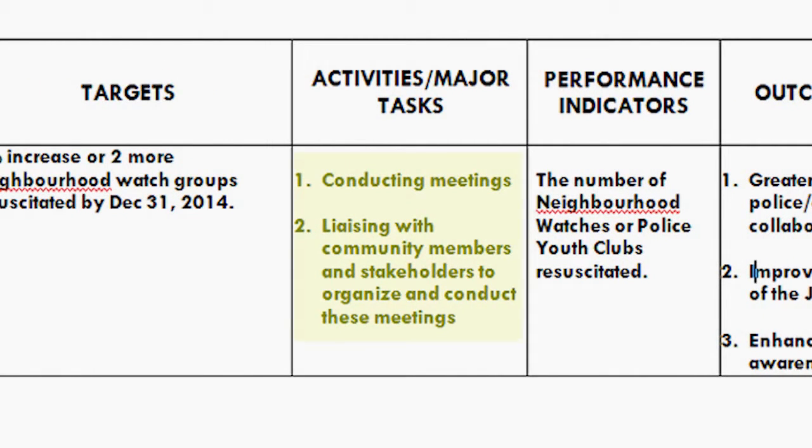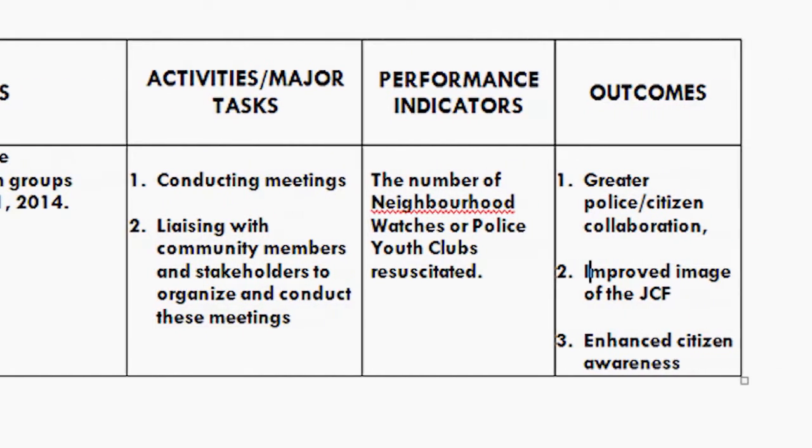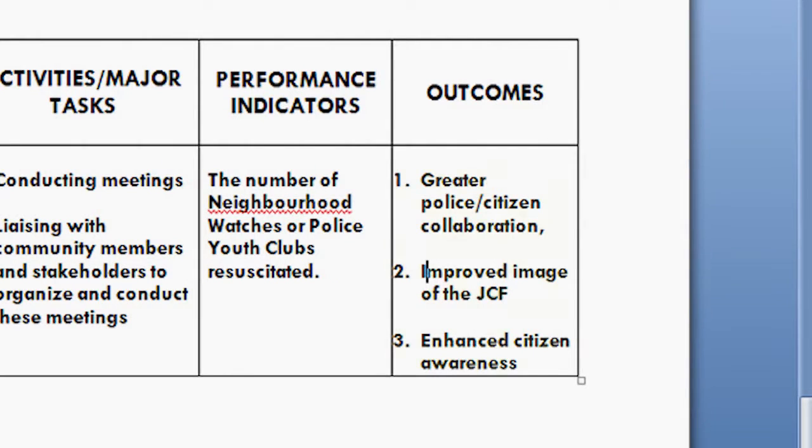The corresponding activities would include conducting meetings and liaising with community members and stakeholders to organize and conduct these meetings. As a result of achieving the set targets, it is likely that your expected outcomes could be greater police or citizen collaboration, improved image of the Jamaica Constabulary Force, and enhanced citizen awareness.